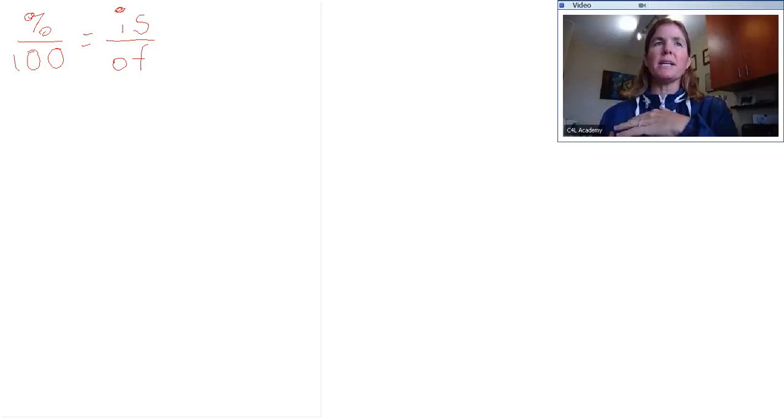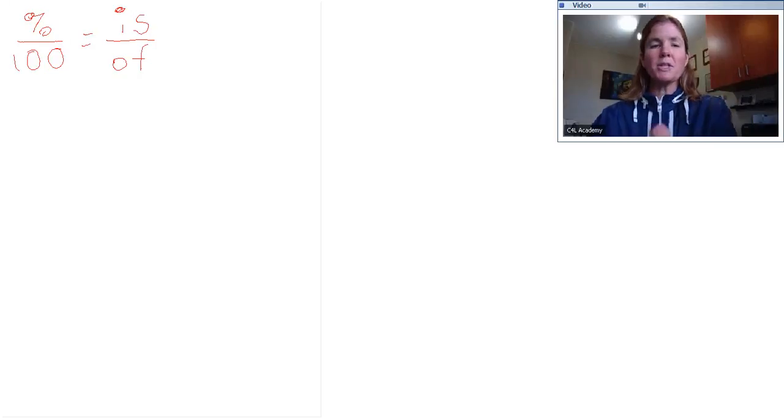If you say, what percent is 60 of 70, your is value is 60 and your of value is 70, because what you're setting up is the ratio of 60 over 70, and that will calculate your percent. Using percent over 100 saves us from having to do the decimal.